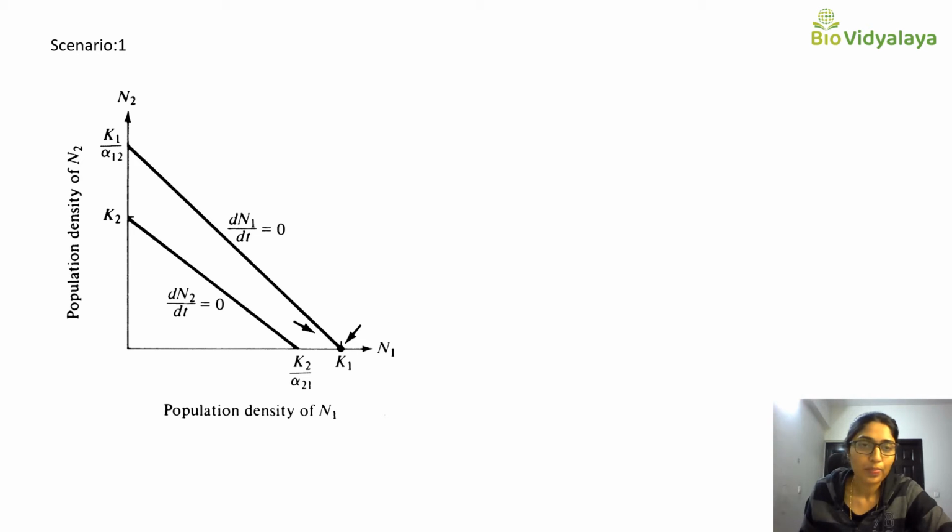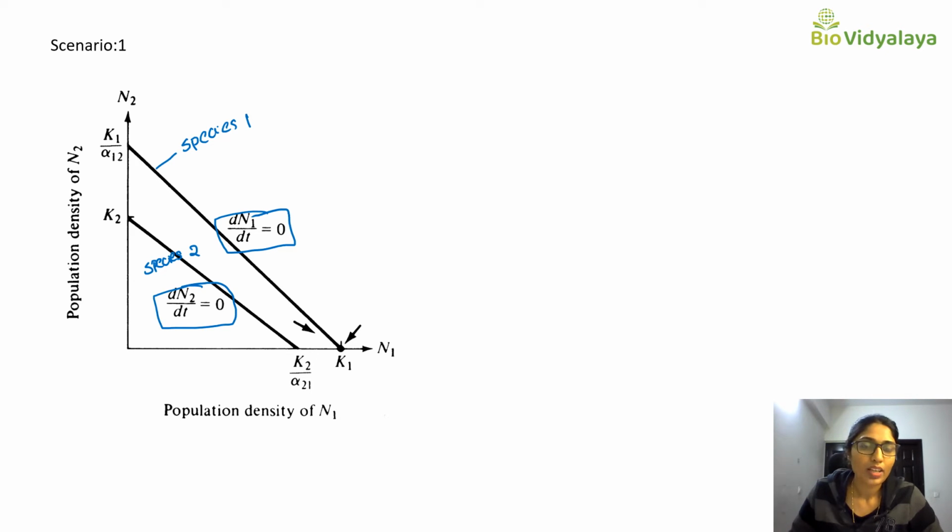First scenario, the first case. Here you can find that this is the zero isocline of species 1 because here dN1 by dt is equal to 0. So this is for species 1. Here dN2 by dt is equal to 0. That's why this is for species 2. Here we can see that species 1 isocline is above that of species 2.